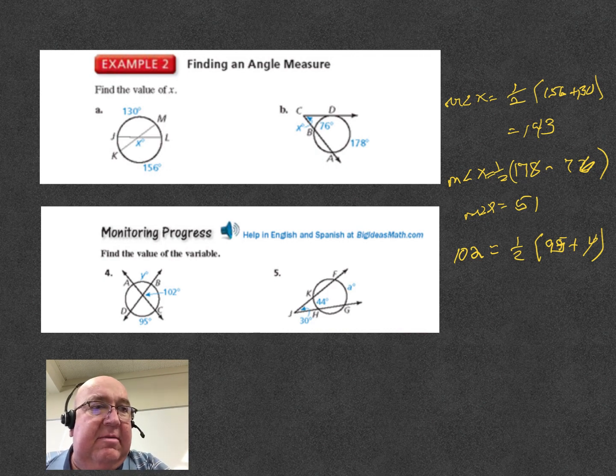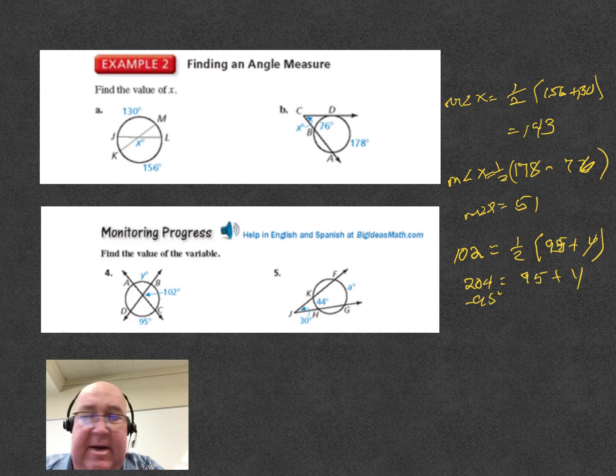So I'm going to multiply by 2, so I get 204 is equal to 95 plus y, subtract 95, and my y value is equal to 109.